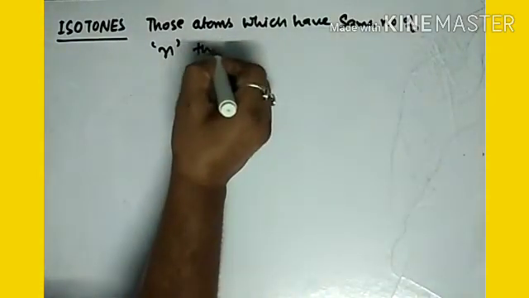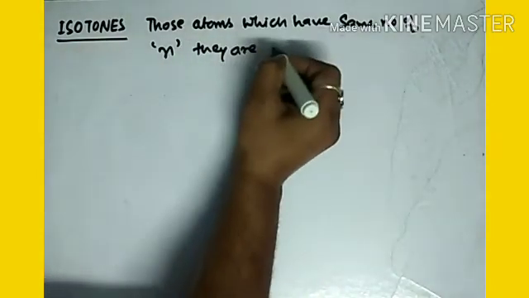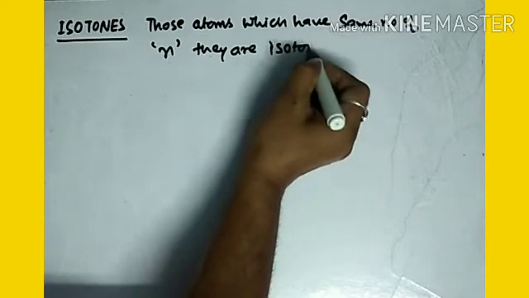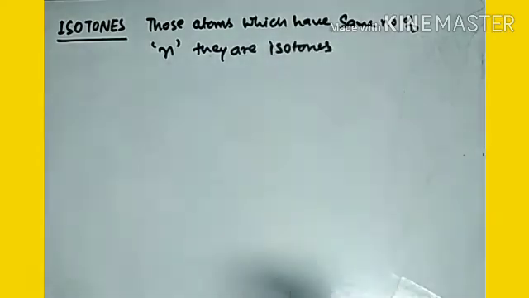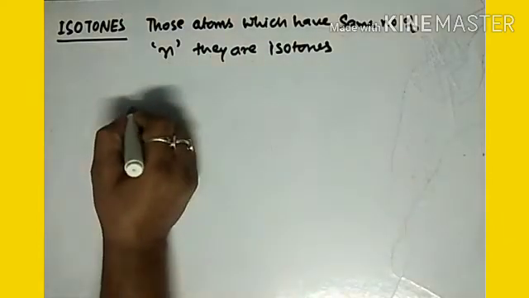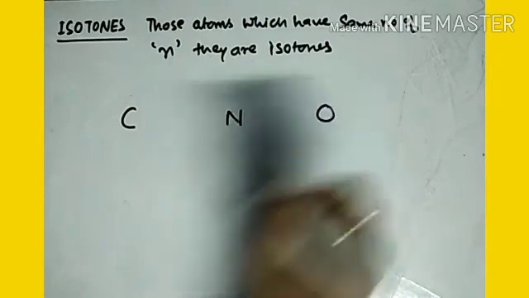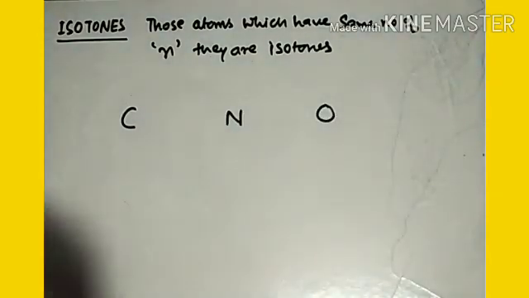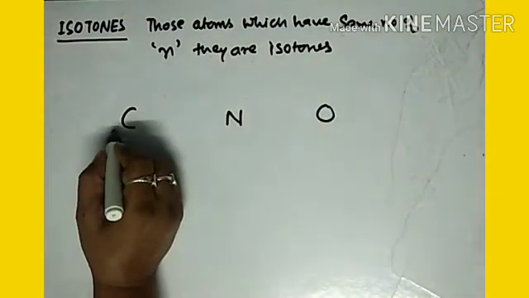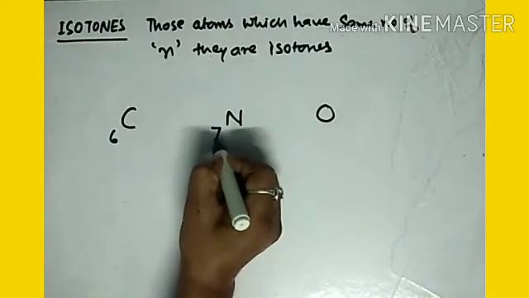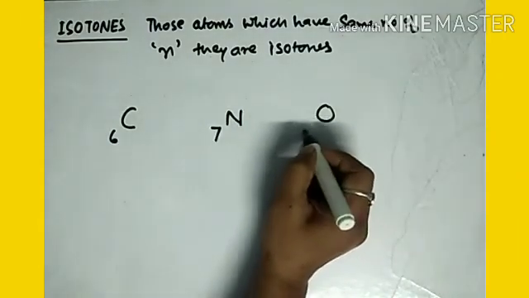They are isotones. Okay, this is the simple definition of isotones. Here we have one example. Let's see, the example is we have carbon, nitrogen and oxygen. The atomic number of carbon is 6, nitrogen is 7 and oxygen is 8.